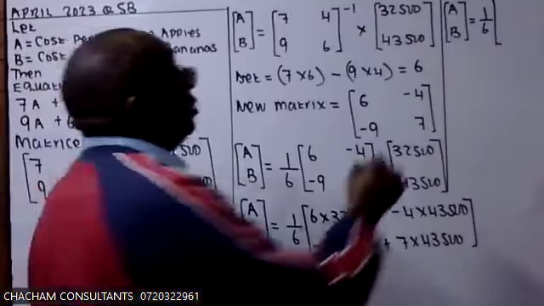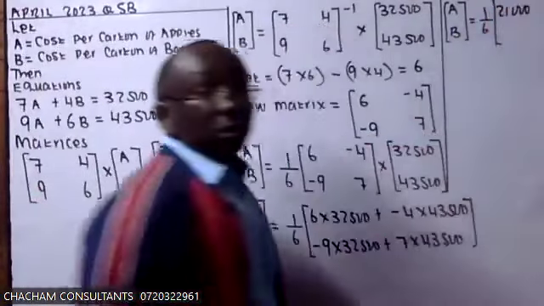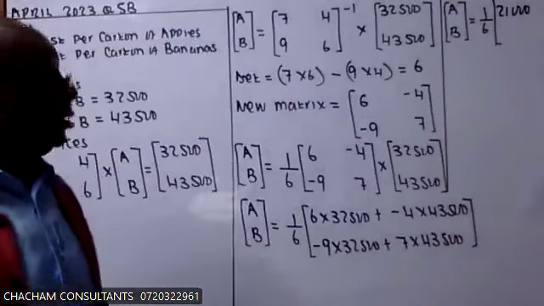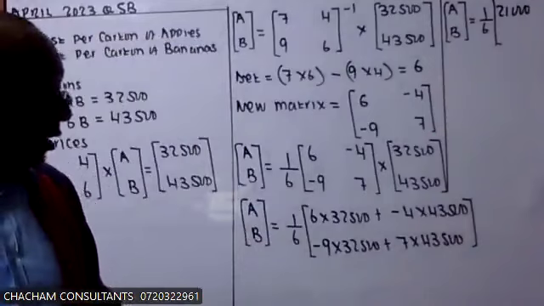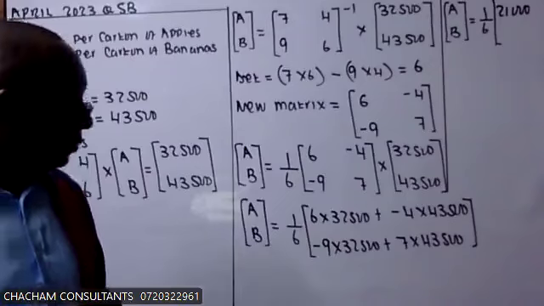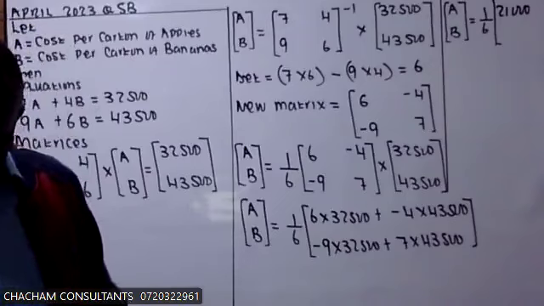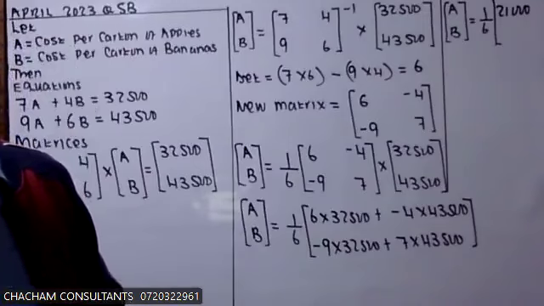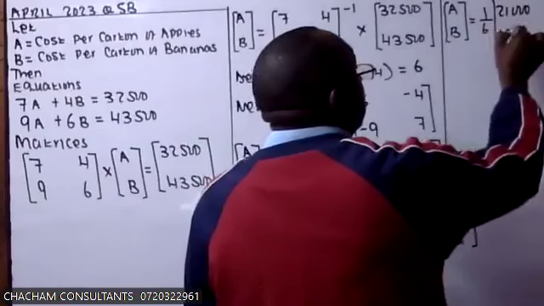It's 21,000. We have 21,000. Then minus 9 times that 2,500 plus 7 times 43,500. It's 12,000.